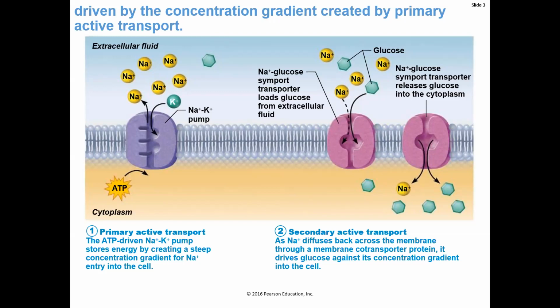It won't let glucose in by itself. But when they're both present, this sodium glucose symport will let both sodium and glucose come into the cell. And so this is one of the reasons why we continue to pump the sodiums outside. It's just sort of a side benefit of the sodiums being outside.